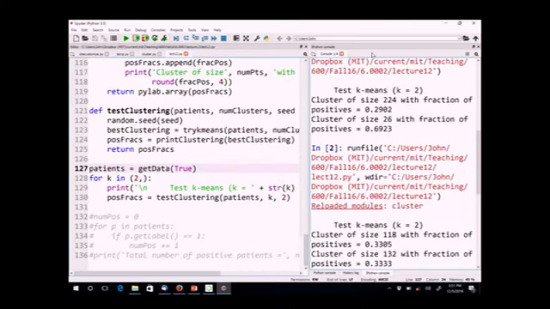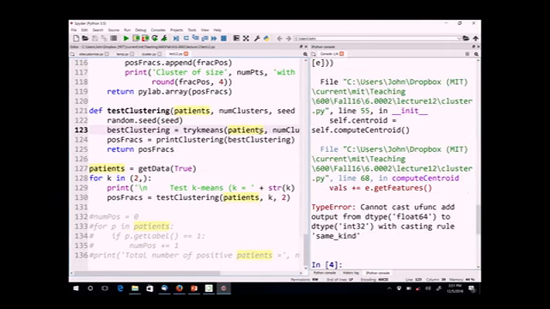Try it once more. Nope. All right. Well, in the interest of getting through this lecture on schedule, we'll go look at the results that I got last time I ran it.